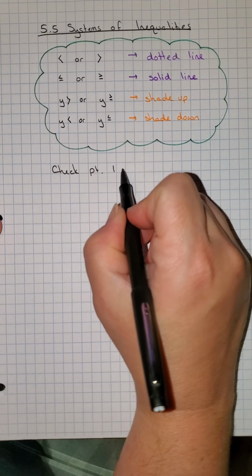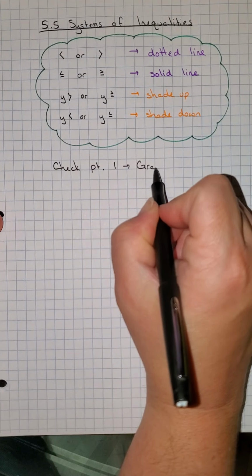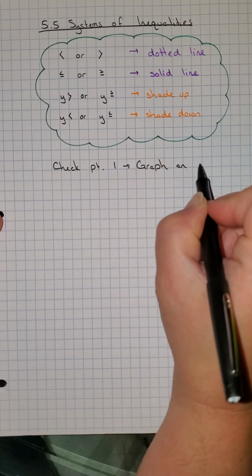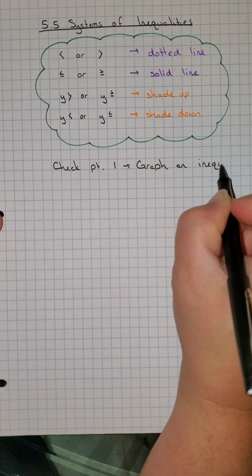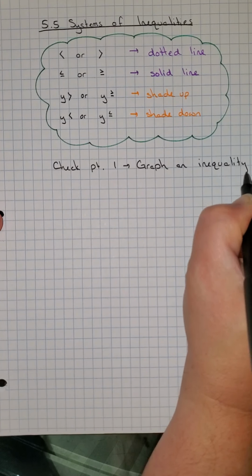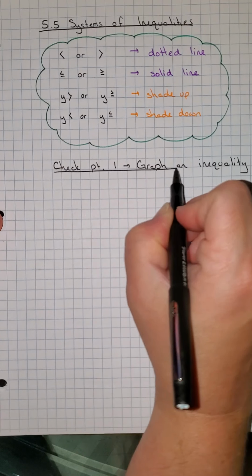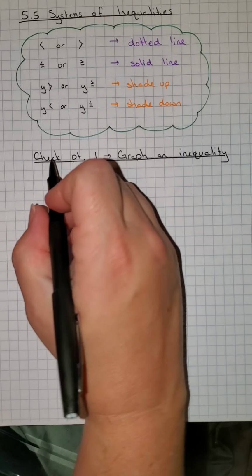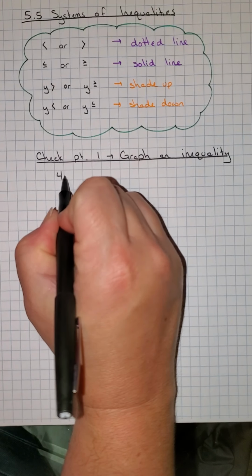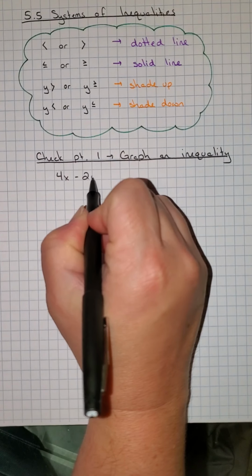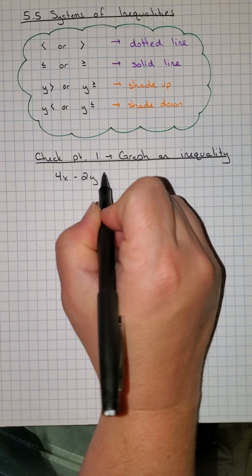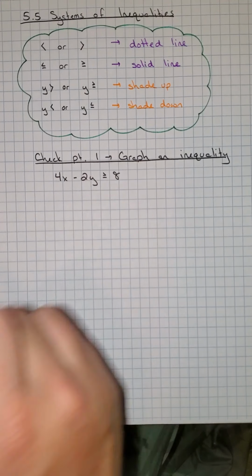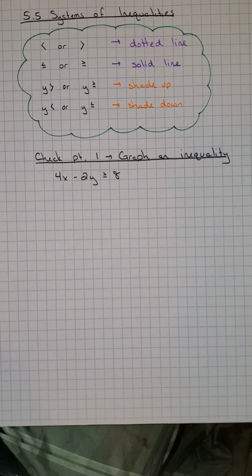Checkpoint 1, we have to graph an inequality. Alright, we have 4x minus 2y is greater than or equal to 8. Now, the book actually does this by doing intercepts and then you do a test point.